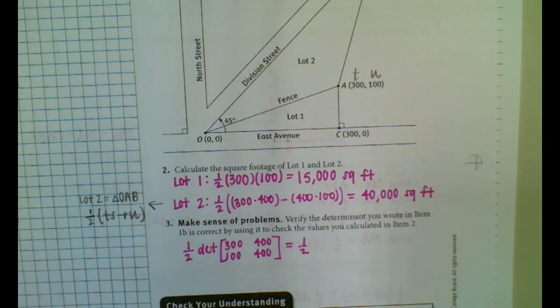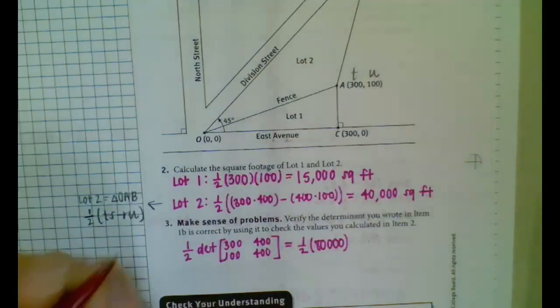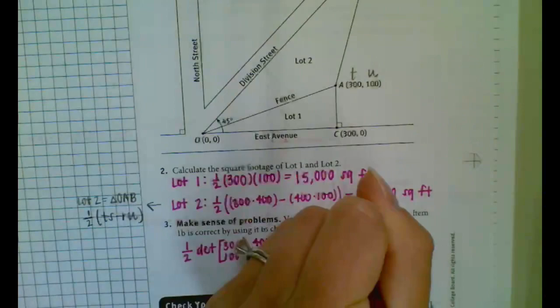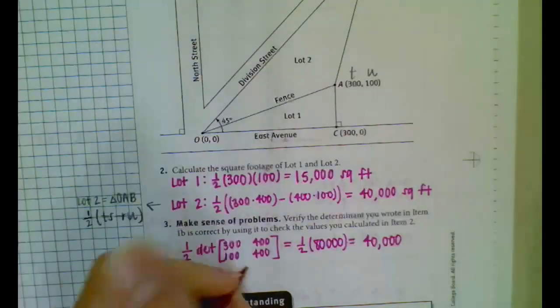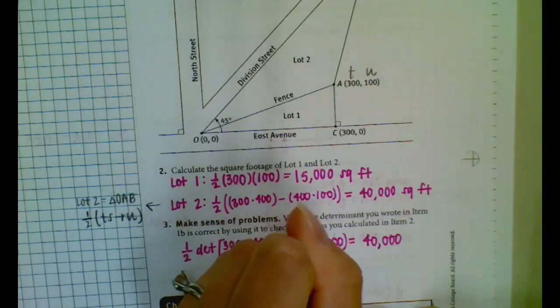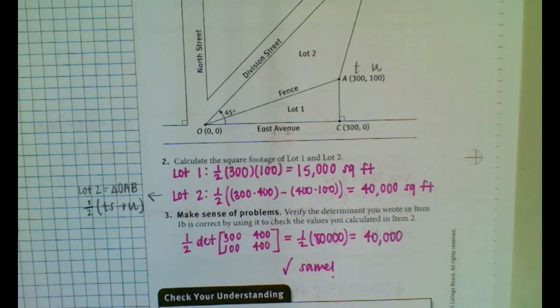So 300 times 400, and you're going to subtract that by 400 times 100. Whoops. Which I got 80,000. Multiply that by 1/2 and you get 40,000, which does check out. They're the same. So that's just proof that it worked.